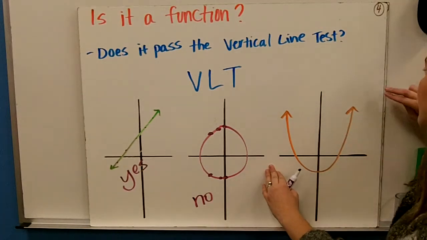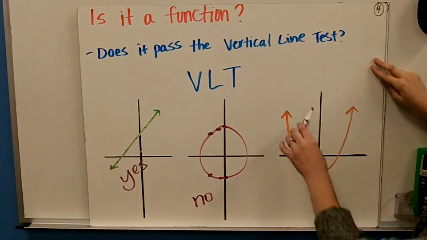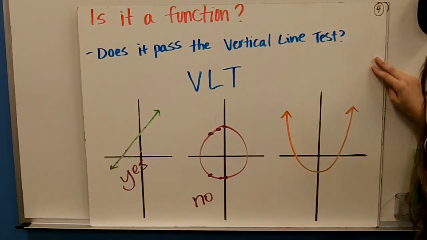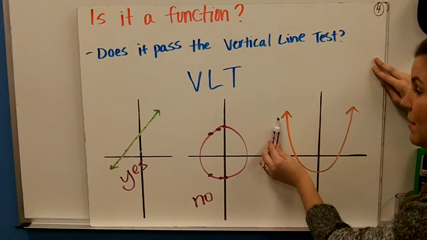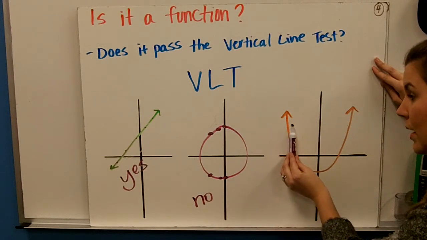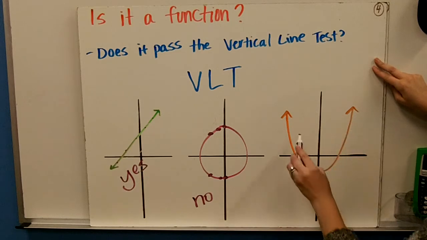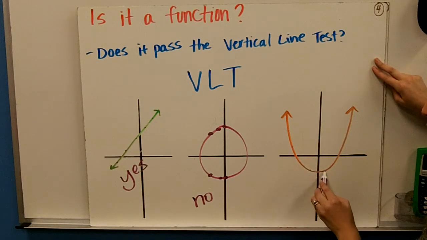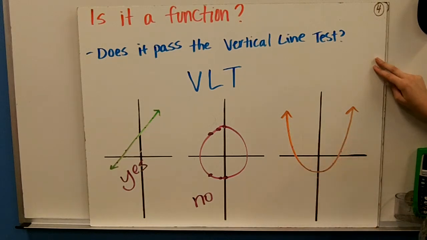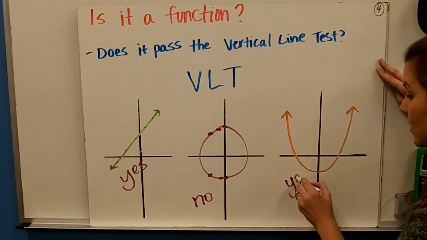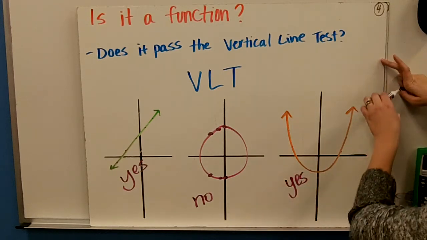And the last one, this is a parabola. It's a U-shaped graph. It's symmetric. And if I slide my marker through, it only touches the graph once at any given time. For each x value, there is only one y value. So yes, this is a function as well.